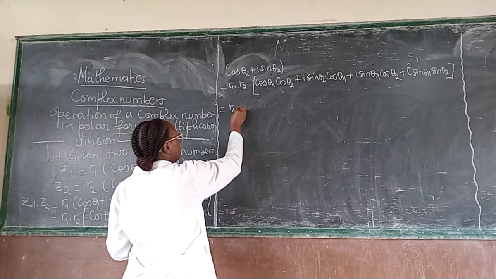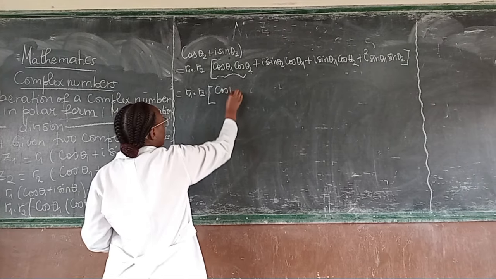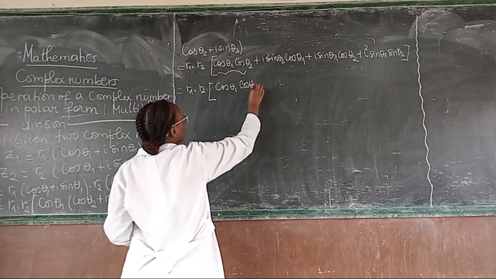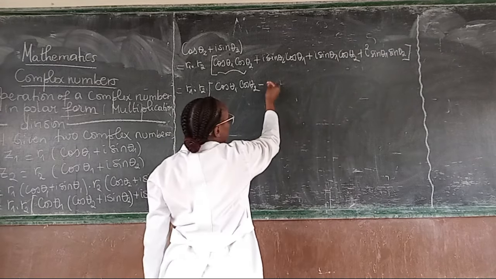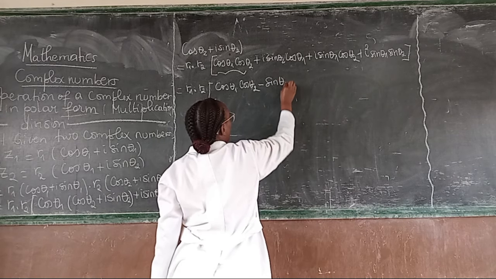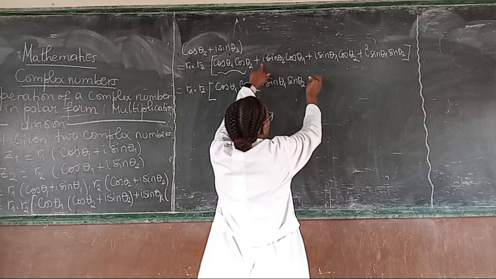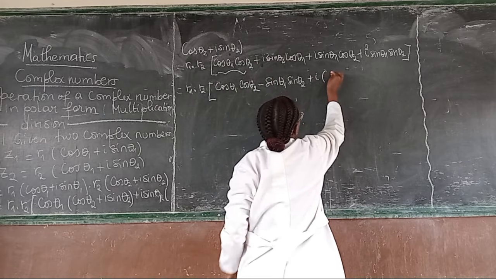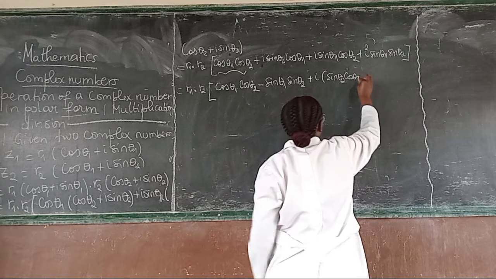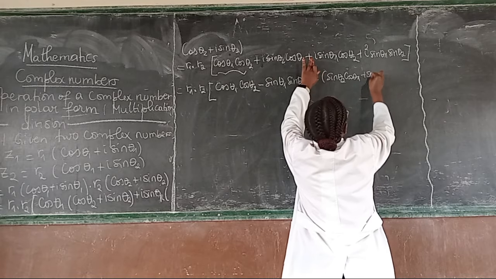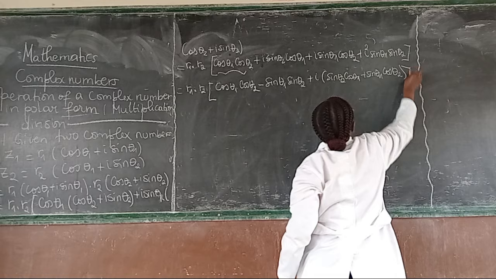We have r1 times r2. This one is cosine theta 1 cosine theta 2. Here i squared will become negative, so minus sine theta 1 sine theta 2. Then plus i, with this term we have sine theta 2 cosine theta 1 plus sine theta 1 cosine theta 2.